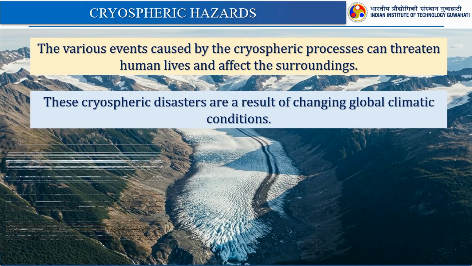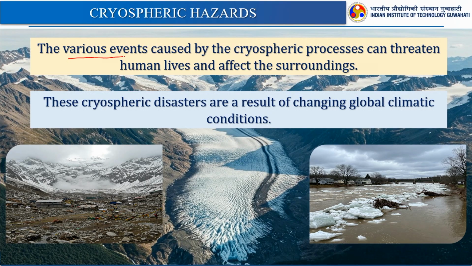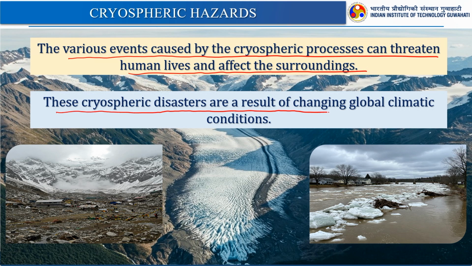If you see the different cryospheric hazards which are related to this glacier system, the various events caused by the cryospheric processes can threaten human lives and affect the surroundings. The cryospheric disasters are a result of changing global climatic conditions. Here you can see some of the examples I have put, right.